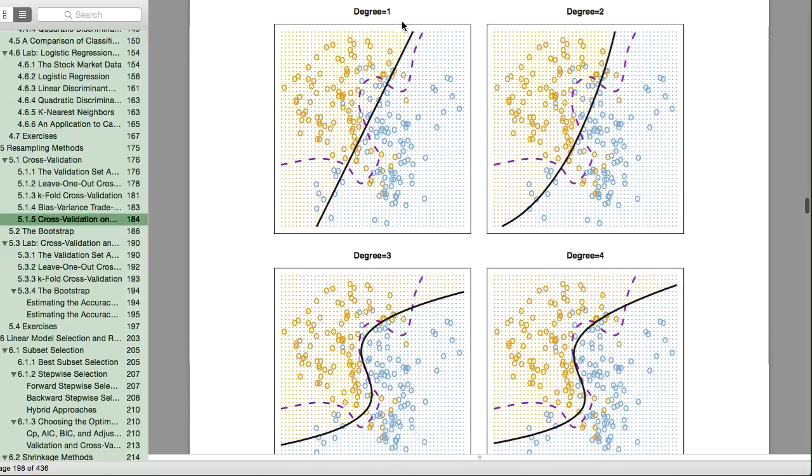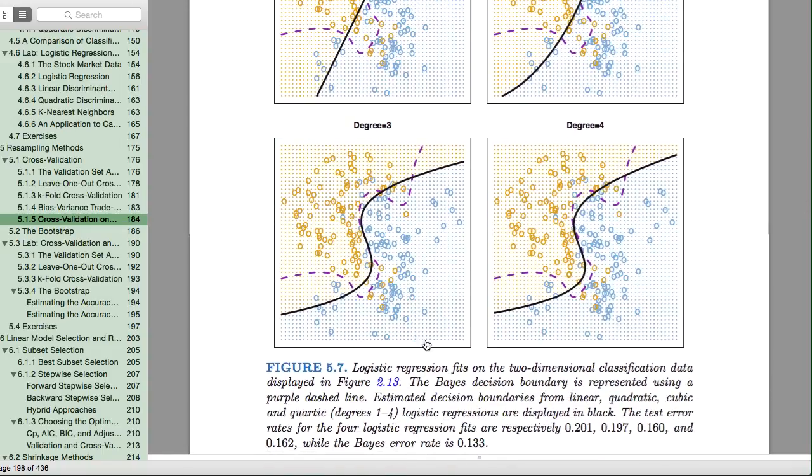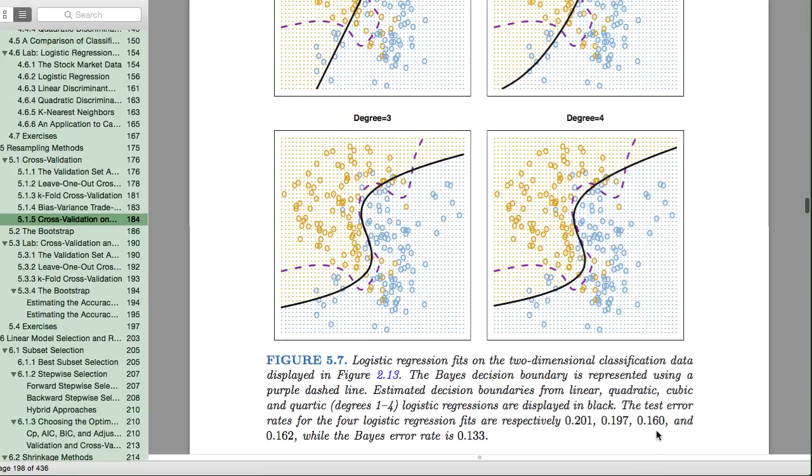And obviously, with a degree 1 polynomial, the linear case is not very good. Degree 2, still not very good. Degree 3 and degree 4 are competitive with each other, and they're both pretty good. They both result in pretty low error estimates.